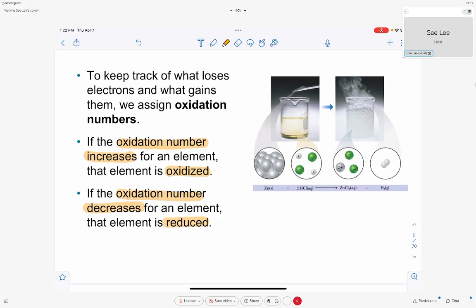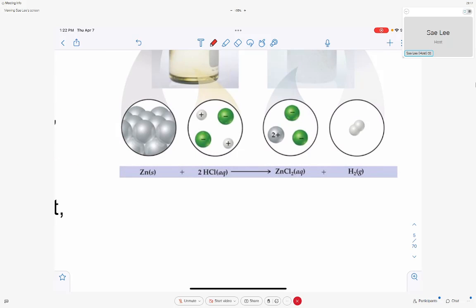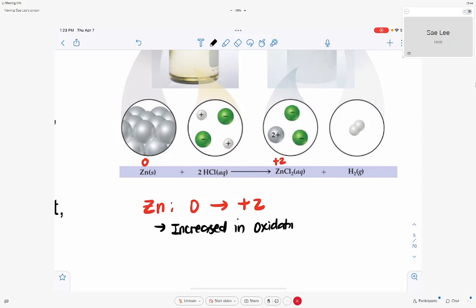Okay, so in this diagram over here, the zinc oxidation number changed from 0 to +2. Because the oxidation number increased, it became positive.